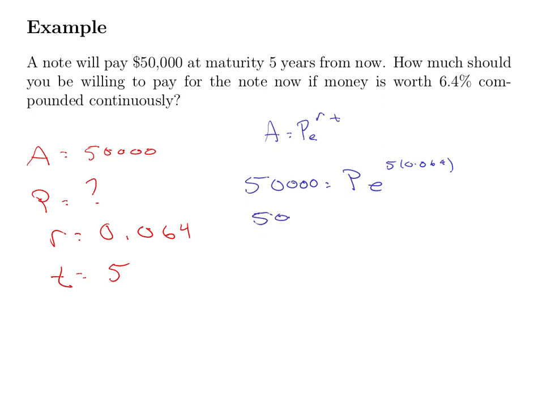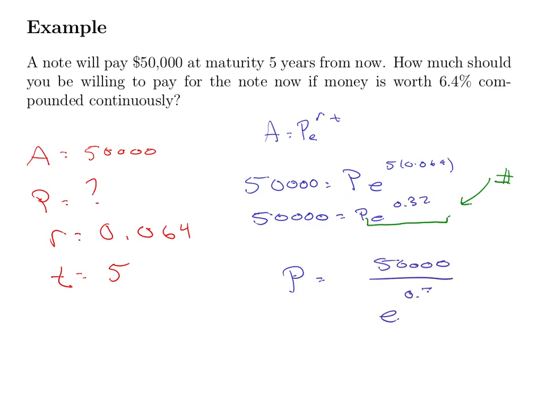So we've got 50,000 equals P e to the 0.32. This e to the 0.32 bit here, I don't know what that is, but that's just a number. If I want to solve for P, I can divide. So I'll say P is equal to 50,000 divided by e to the 0.32. And now I'll grab my calculator and figure out what that actually is.